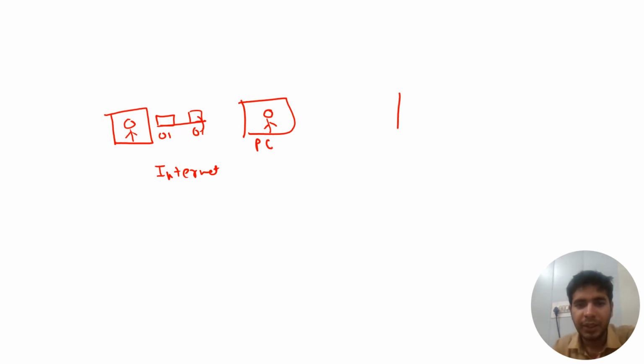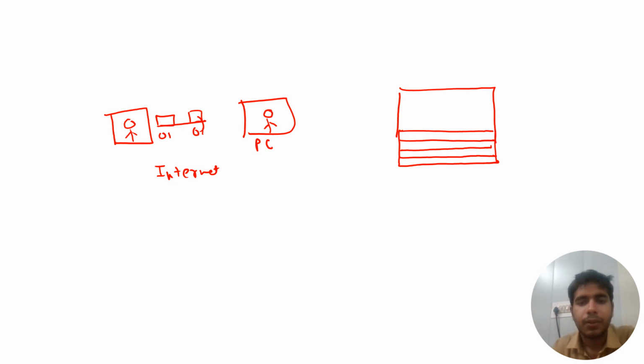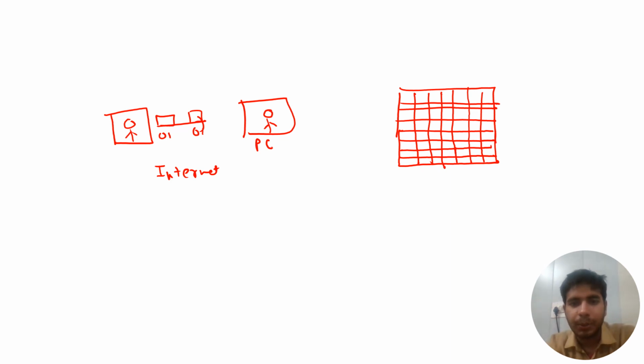So understand your computer screen as a combination of rows and columns. There are rows, and there are columns. So suppose your LED screen, whatever computer screen you are using, it's a combination of all these points.